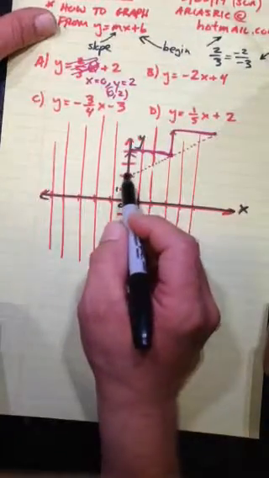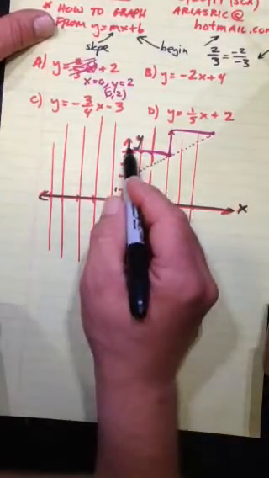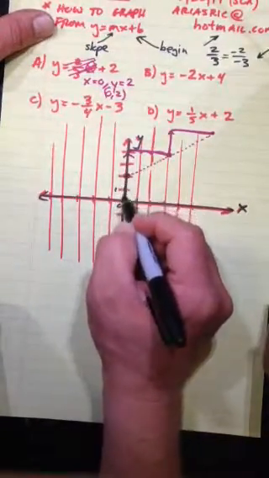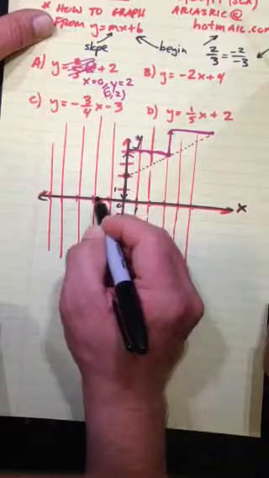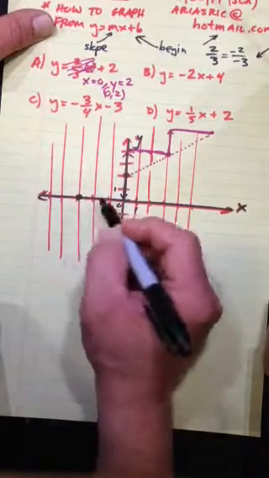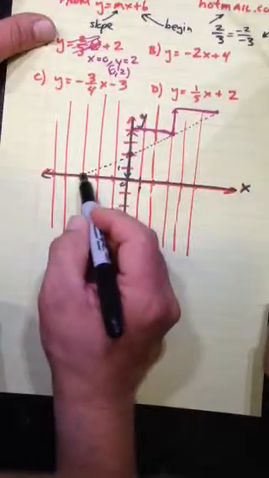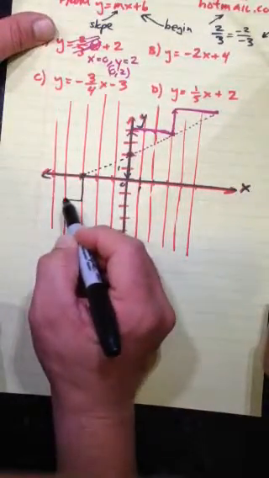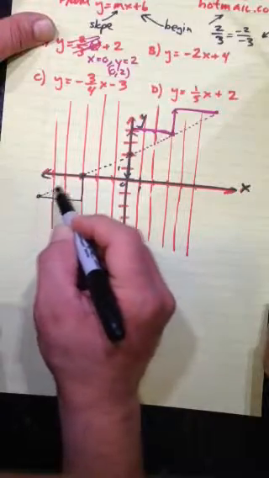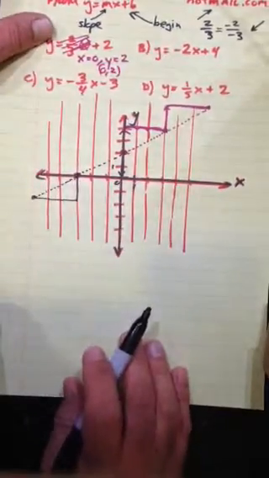So from that same point where we started, instead of going up 2 to the right 3, we're going to go down 2, left 3, 1, 2, 3, and put a point there. So that's going to bring us down. We can continue that, down 2, left 3, 1, 2, 3, and that will finish our line.